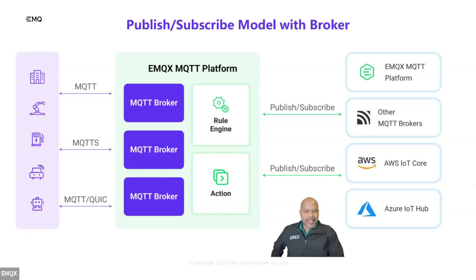That also allows us some admin things on the back end where, for instance, we can do rolling upgrades without taking the complete system offline. The broker sits between the clients, so the client does not have to have a direct connection to your backend systems.